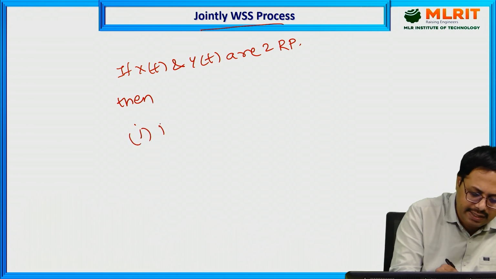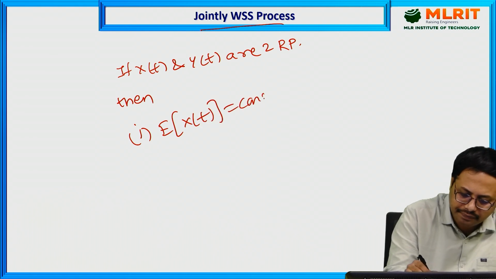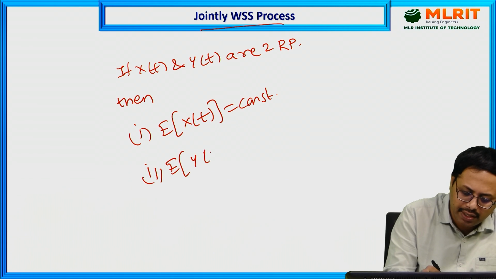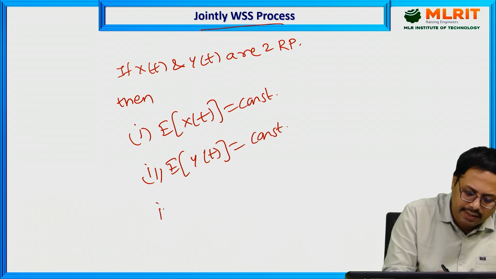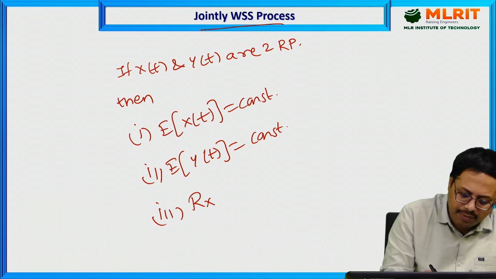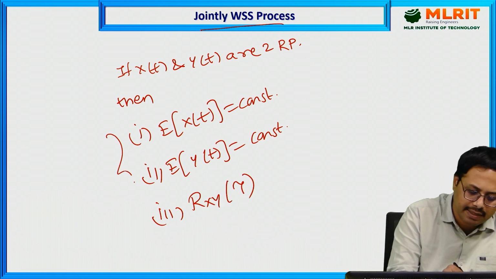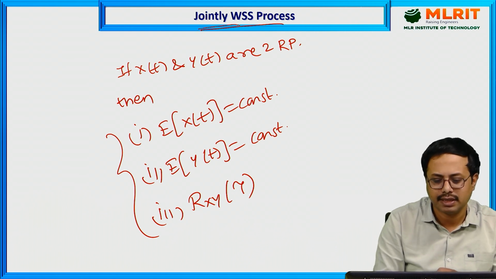First, expectation of x of t must be constant. Second, expectation of y of t must be constant. Third, cross correlation must be a function of tau. These three conditions must be satisfied for a jointly wide sense stationary process.